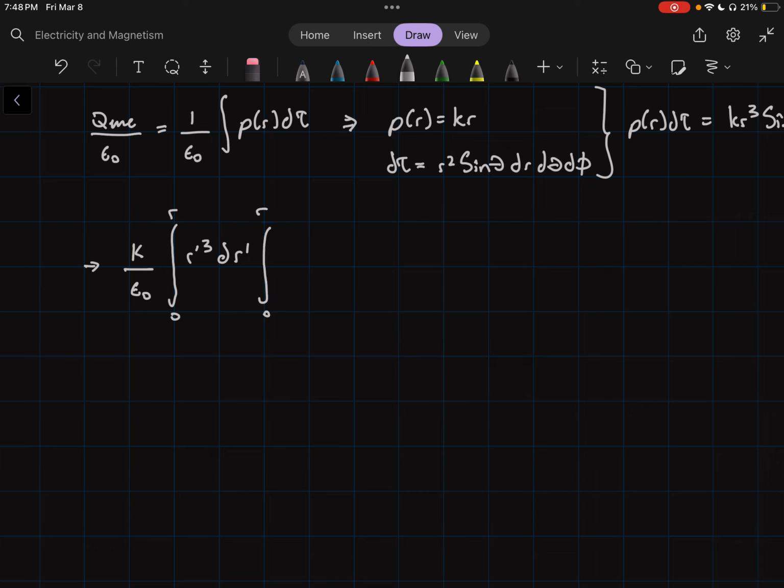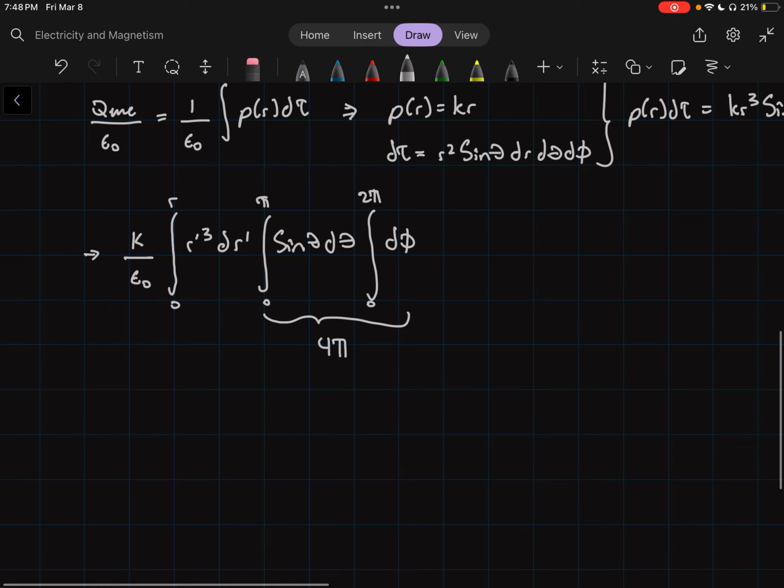The integral from 0 to pi sine theta d theta is the integral from 0 to 2 pi of d phi. Now, as I mentioned before, we know this section will give us 4 pi, which is great.